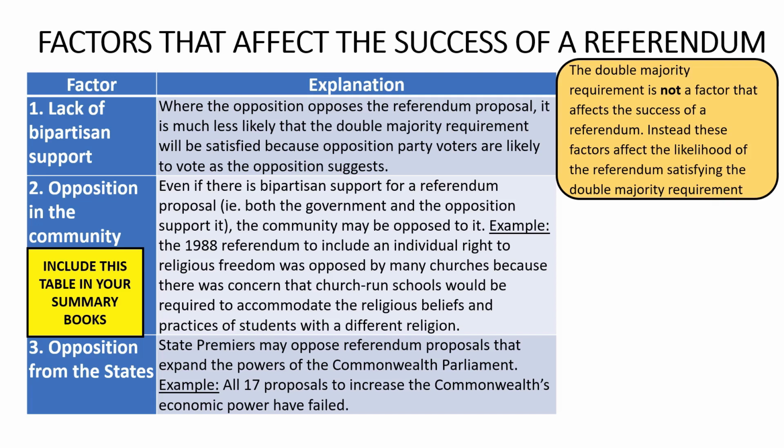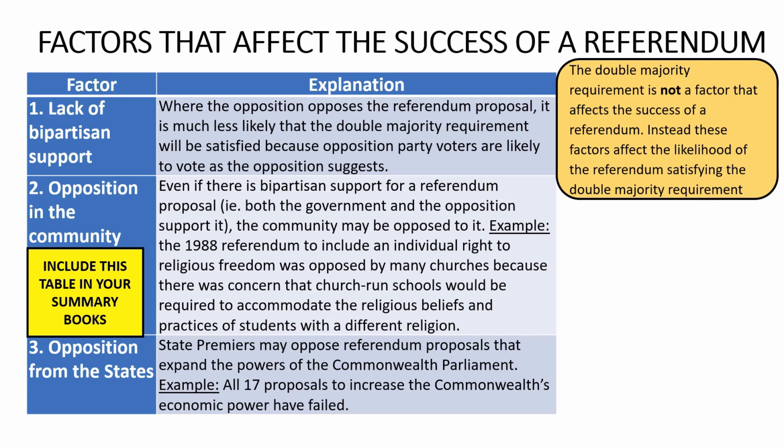However, there was significant opposition to this proposal, especially from the churches, because there was concern that if people had a constitutionally entrenched right to freedom of religion, then they could rely on that right to require church schools to enrol students of other religions. As a result, this referendum proposal did not achieve the necessary amount of support at the referendum.